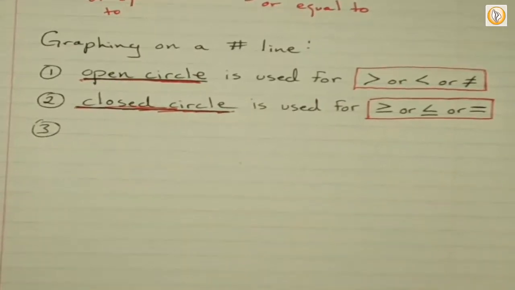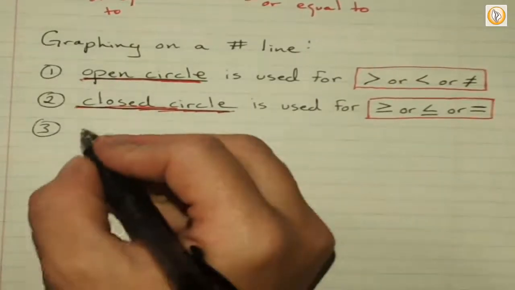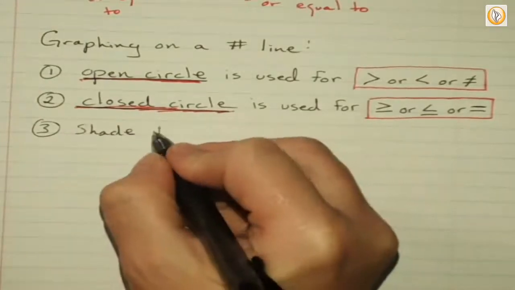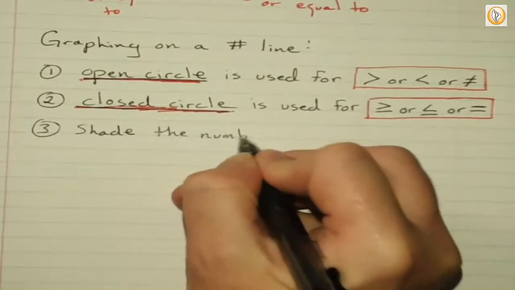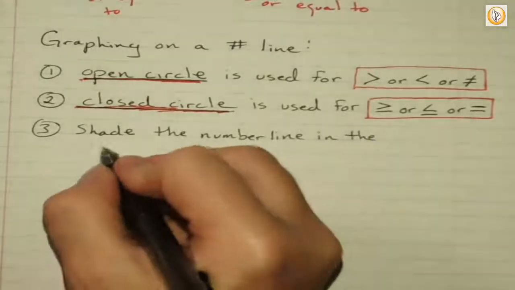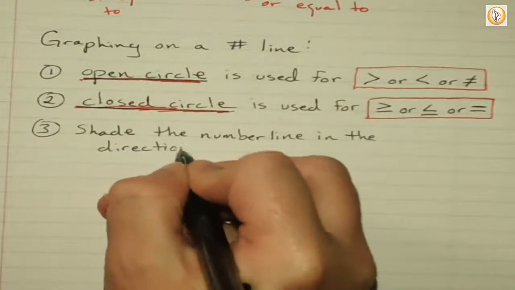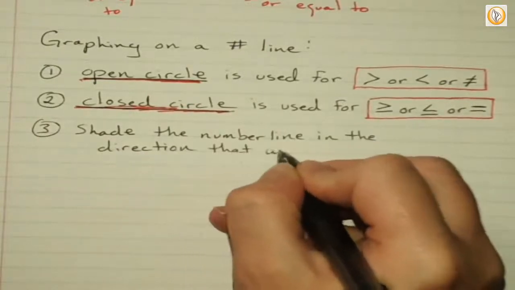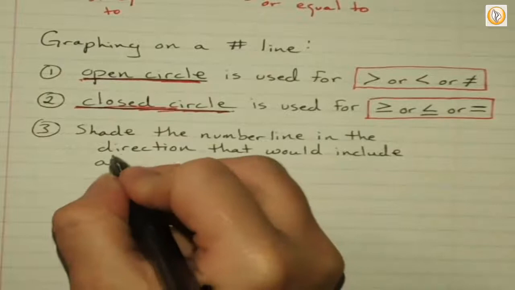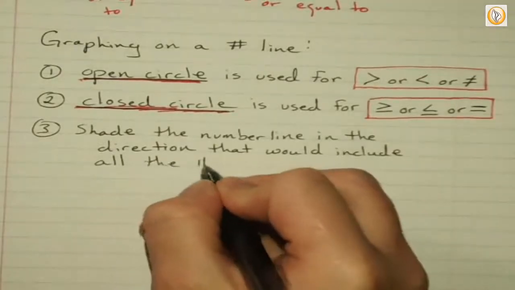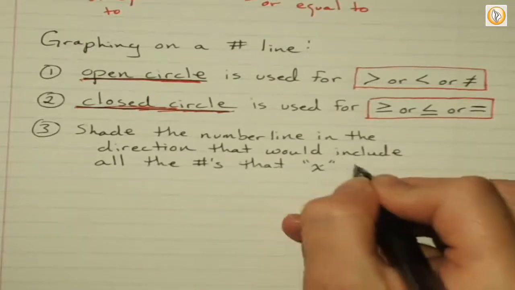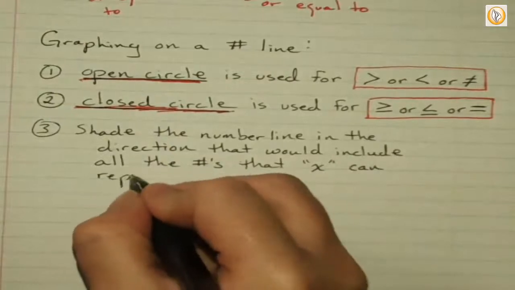And I'm going to start giving you examples and you're like, oh, okay. You're going to then shade the number line in the direction that would include all the numbers that X can represent.